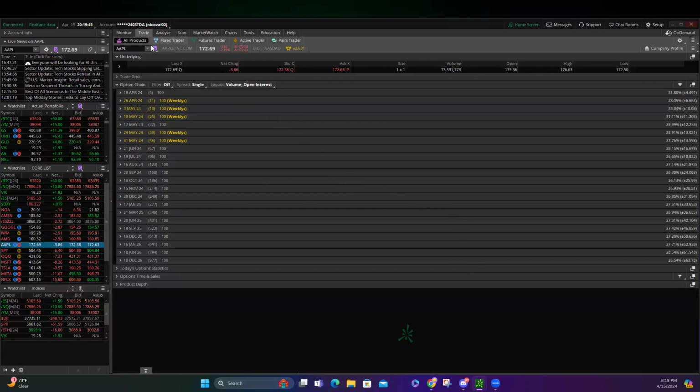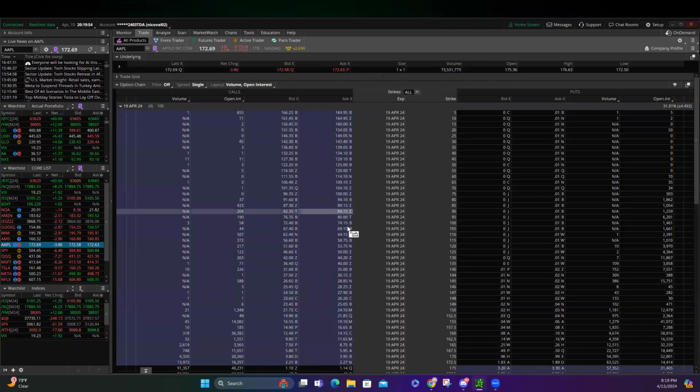But I just wanted to let you know that for the people who use TOS, here's where you can change the layout of information of what is gonna show on your options chain. As you can see, if you open this little menu, you can customize it, you can save it, you can add it, you can mix it, you can do everything. One of the presets is volume and open interest. That's one that I like to use, that's my main one.